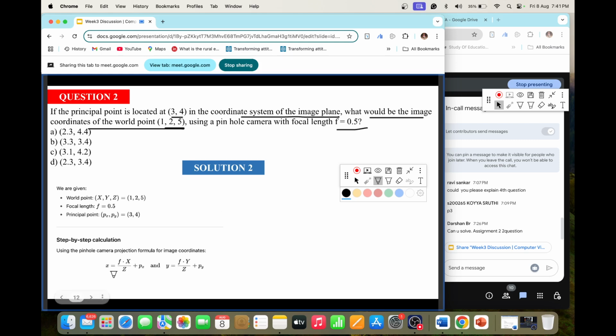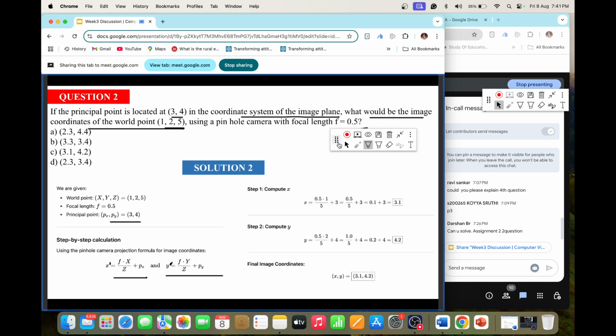So let me call this x dash and this y dash. This is x, f capital X by Z, and this is y, f capital Y by Z. So x dash equals x plus px, y dash equals y plus py. Everything has been given, px, py is this, so it is very easy.